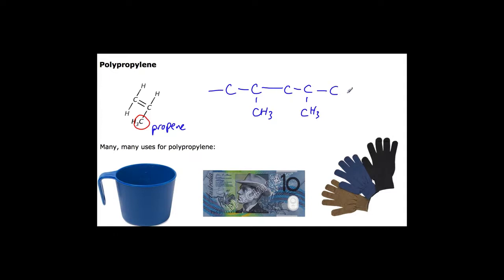And I go and bond another propene. And so having that carbon 3 of the propene make it look like a branch makes it a little easier to see where the repeating unit is going to start. And so that is polypropylene.